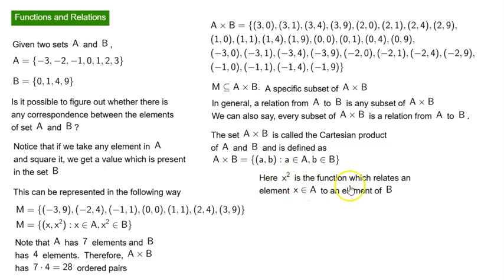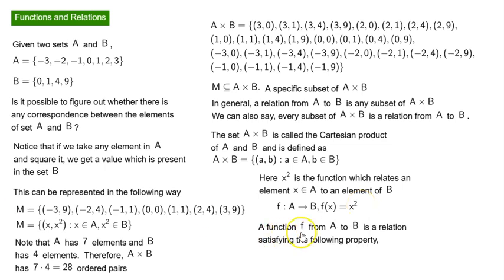Here, x squared is the function which relates an element x in A to an element of B. So the way we write it is f colon A relates to B, where f of x is equal to x squared. A function f from A to B is a relation satisfying the following property.